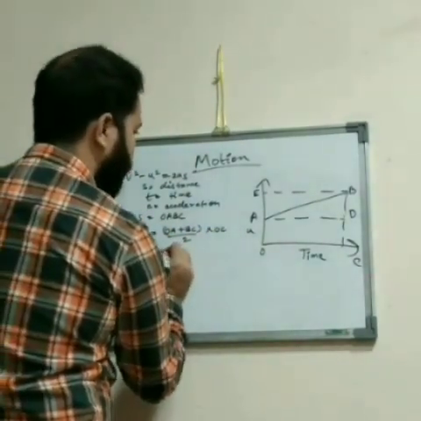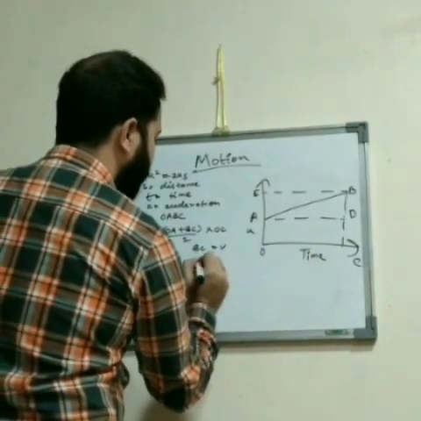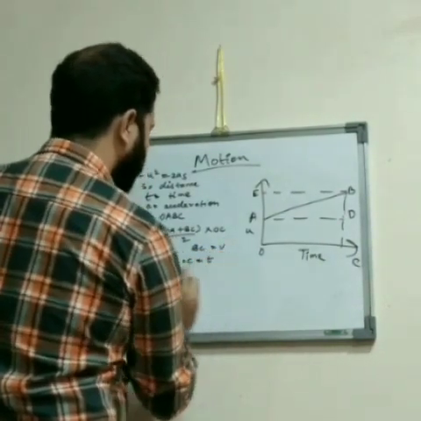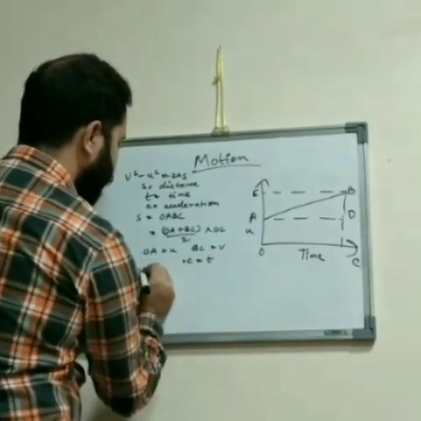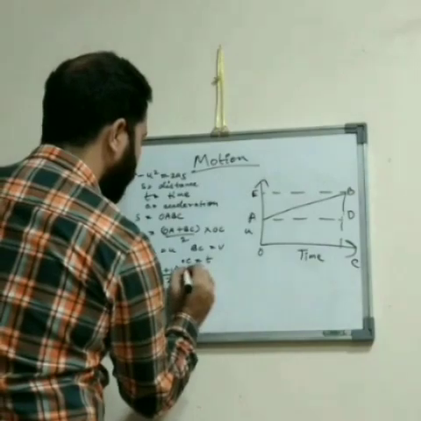OA is equal to u, BC is equal to v, OC is equal to t. So put these values here: u plus v upon 2 into t.